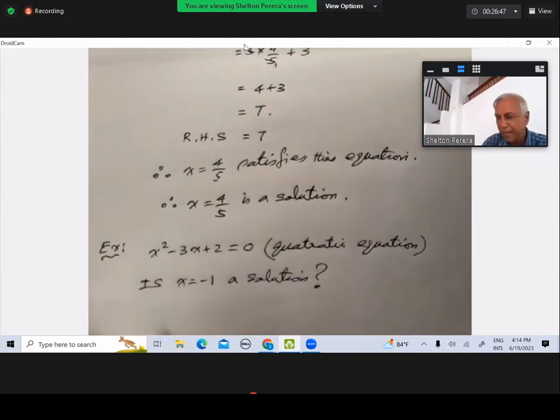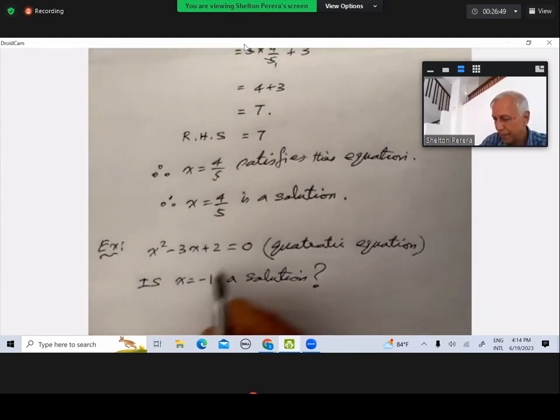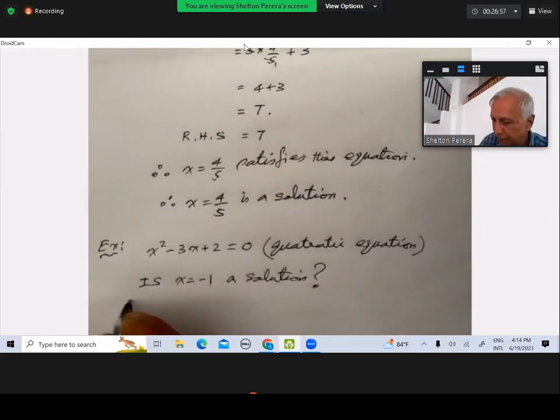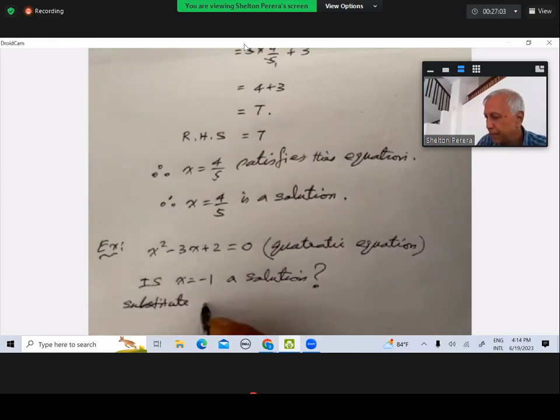If this is a solution, when you substitute, the left hand side should be 0. Let us substitute and see. What do you mean by substitute and see?